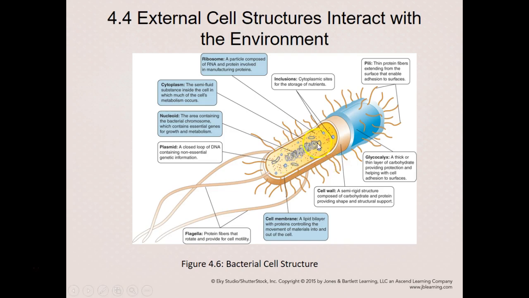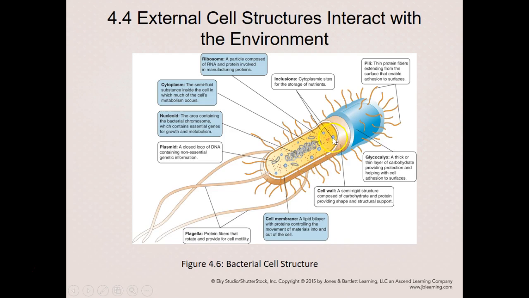Inside, we have a region where we have our DNA. So DNA is found in a region called the nucleoid, which is found in the cytoplasm. There's nothing surrounding the nucleoid, but that's where all the DNA sits. We have ribosomes floating all over in the cytoplasm. We have these tiny structures. These are extranuclear DNA called plasmids.